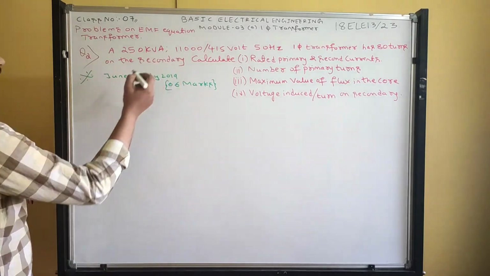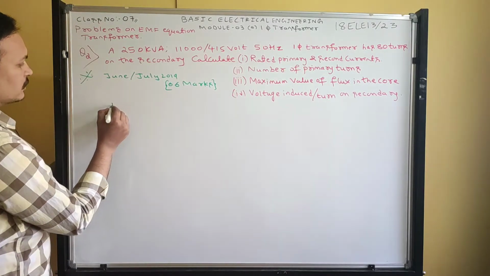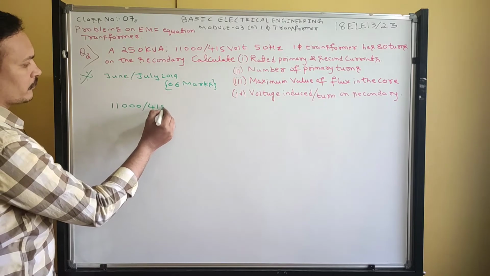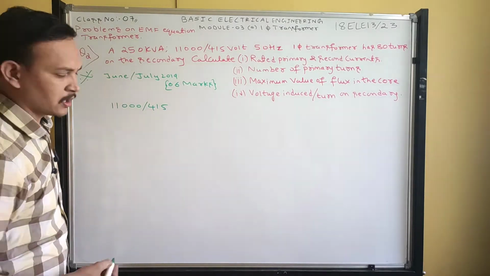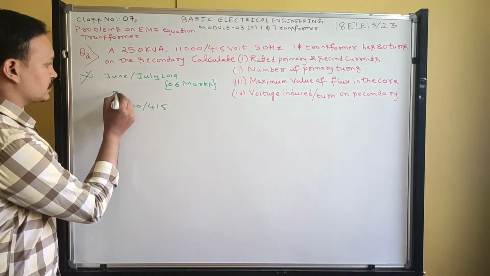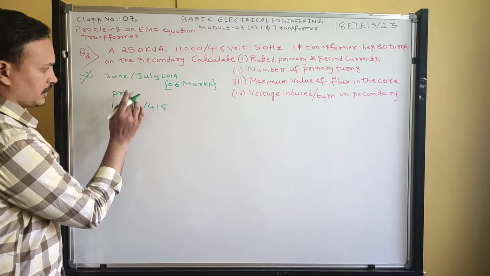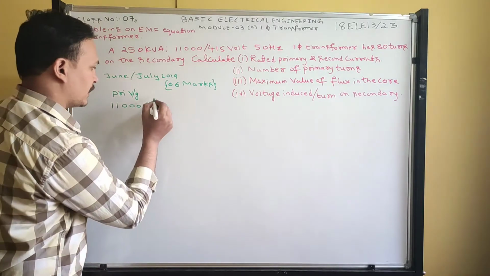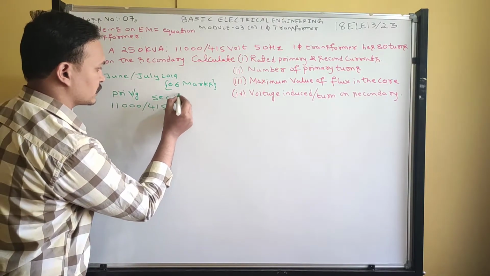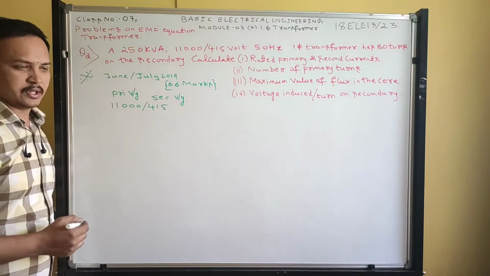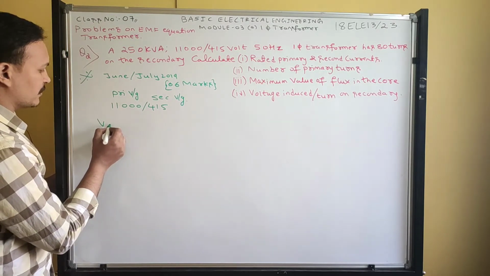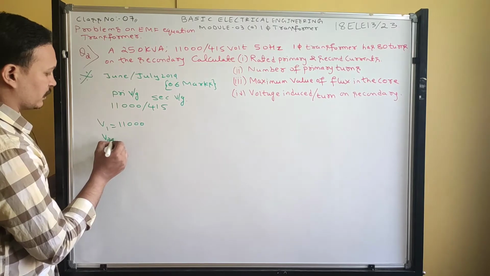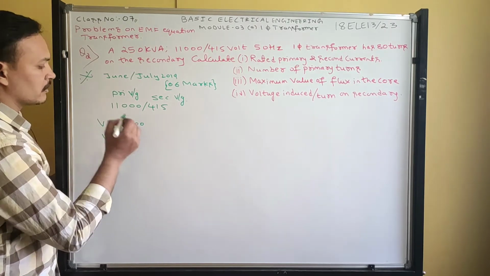So list out the data given. Whenever they give voltage ratings like 11,000 by 415, whatever the ratings may be, the first one always indicates the primary voltage and the second one always indicates the secondary voltage. The given data: primary voltage is 11 kV and secondary voltage is 415.